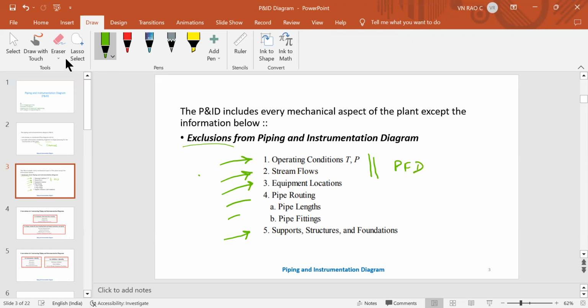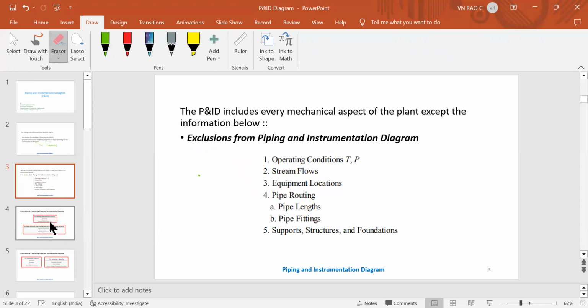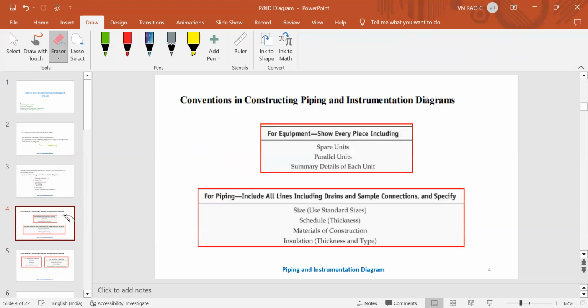Now let's go further. What is required in this session is how we construct a P&ID diagram.